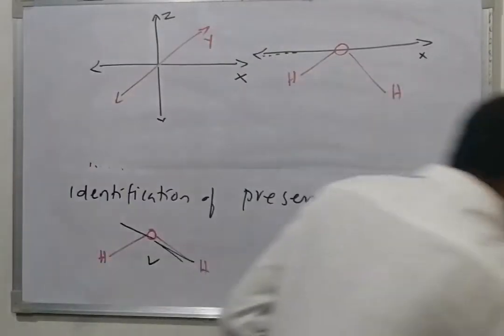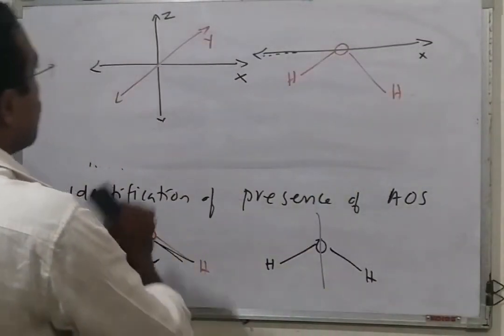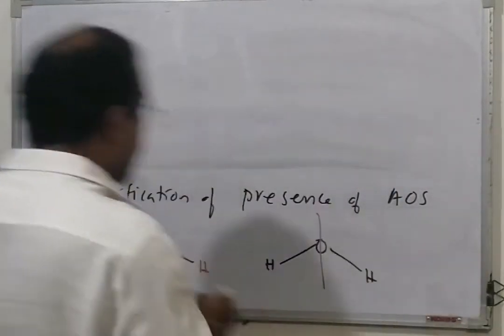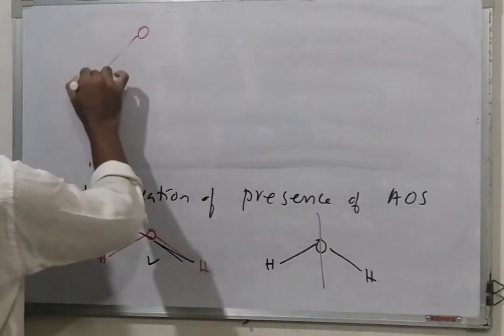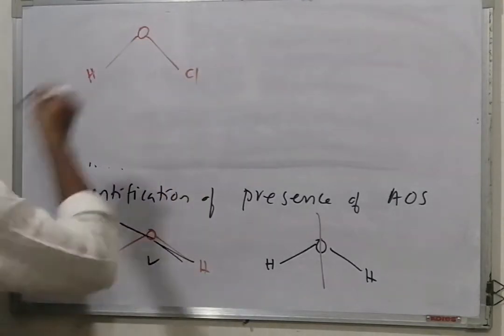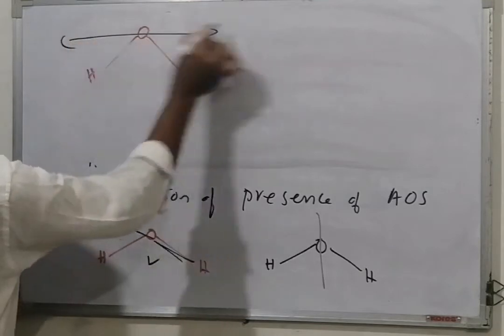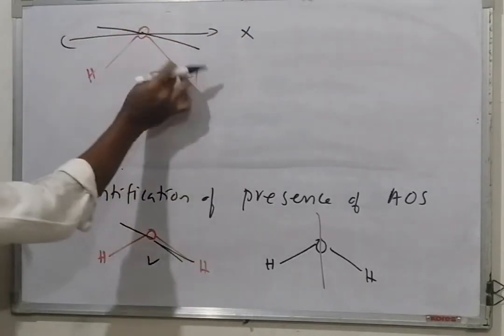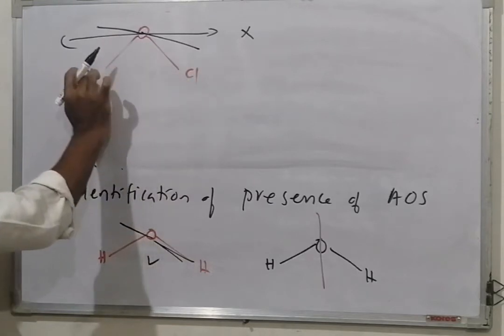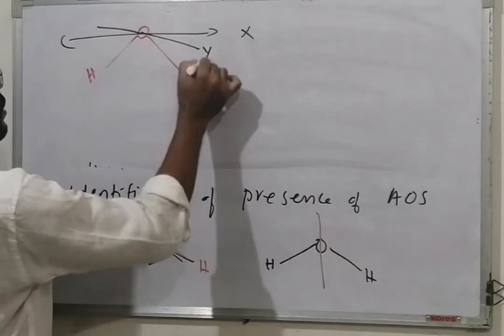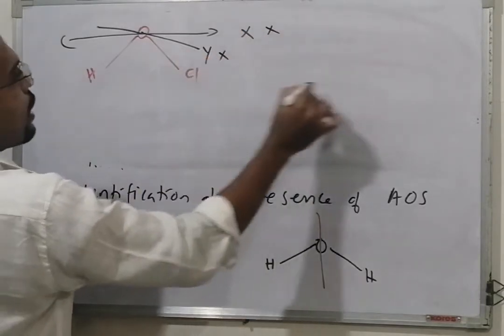Now I will take another example. Suppose you have a molecule like this, HOCl. Does this molecule have an x-axis? No. Does this molecule have a y-axis like this? No, because this side is H, this side is Cl. No x-axis, no y-axis.